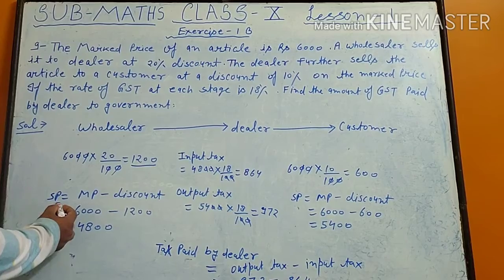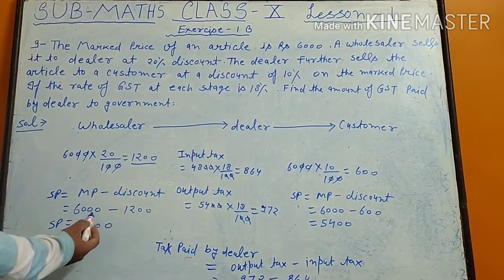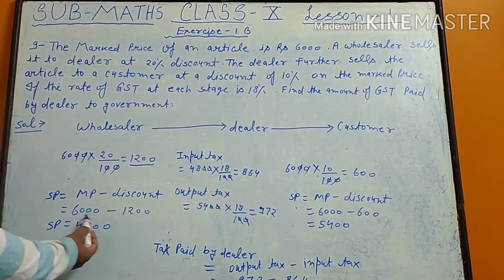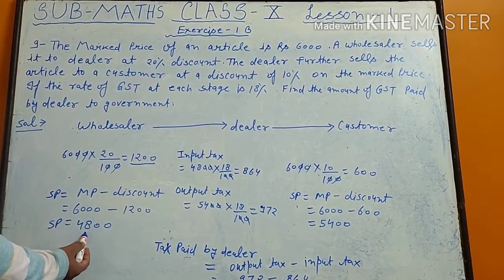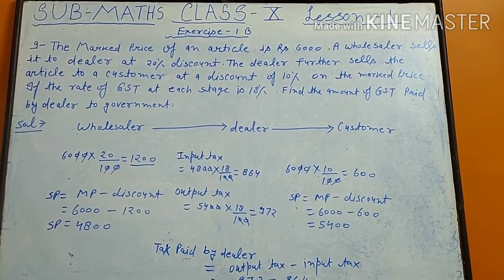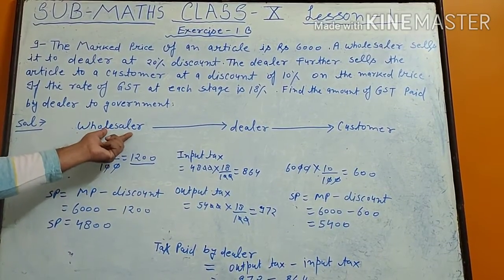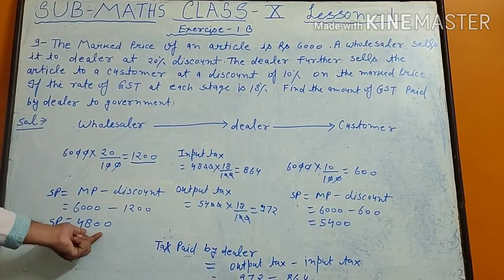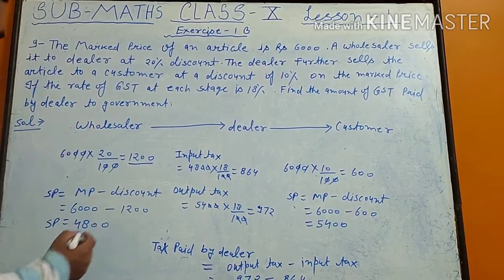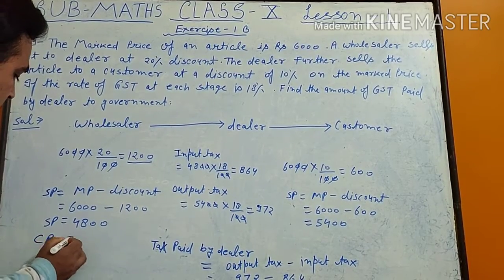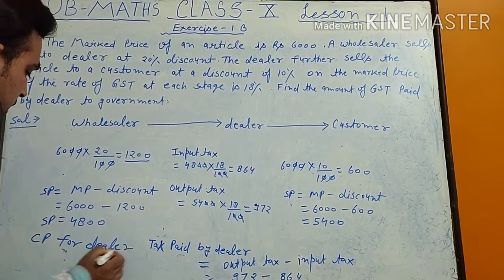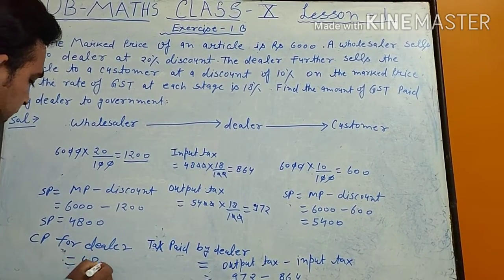Now selling price will be mark price minus discount. Mark price 6,000 and discount 1200. 6,000 minus 1200 is equal to 4,800 selling price. It means the selling price of the wholesaler is 4,800. Then the cost price for the dealer, CP for dealer, will be 4,800.